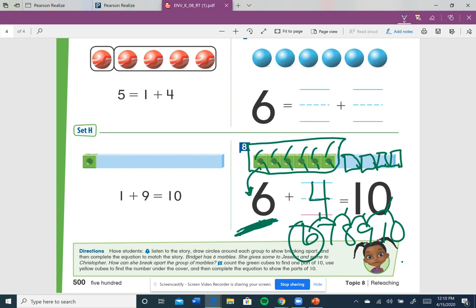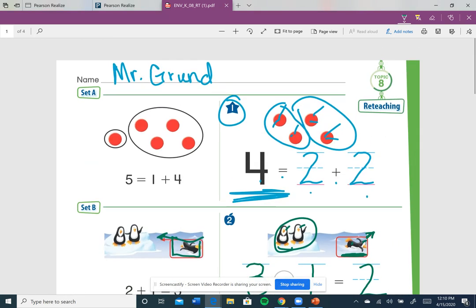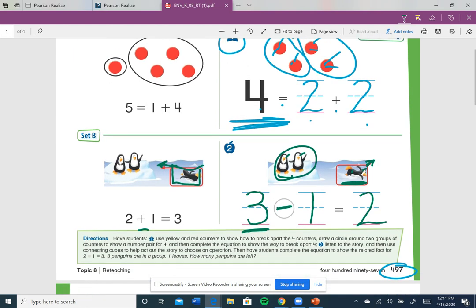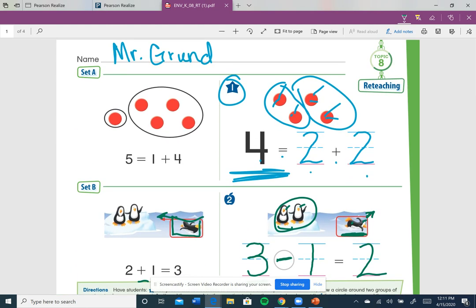Perfect. All right. Now, if you're finished with this and you want to do page 495, you can do that by yourself. It looks kind of tricky, but you need to color in each box that has the sum of 3 or it has a number that is 3 in there.